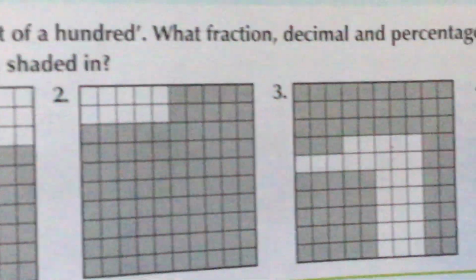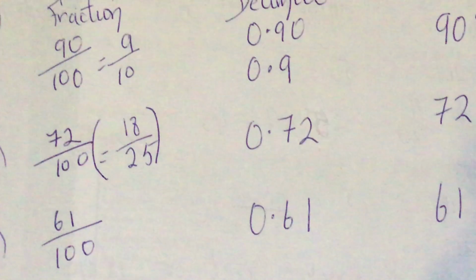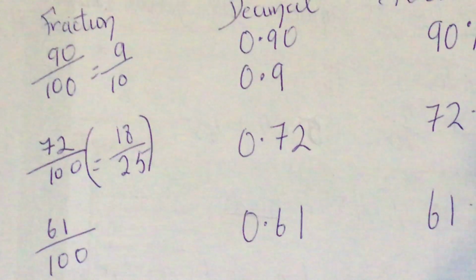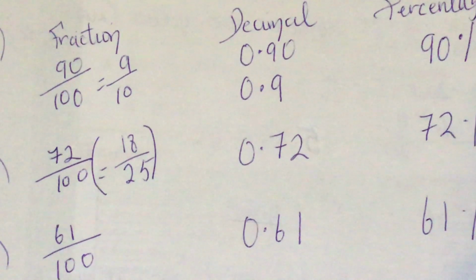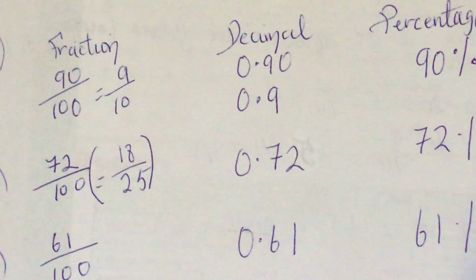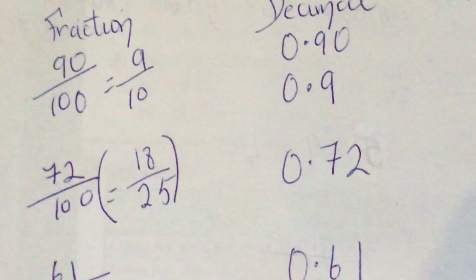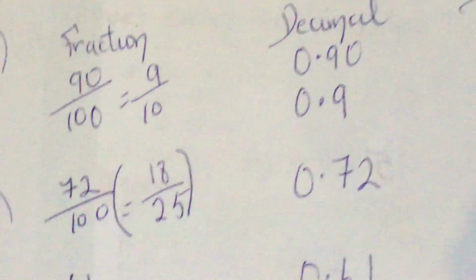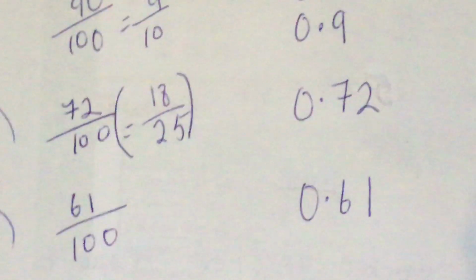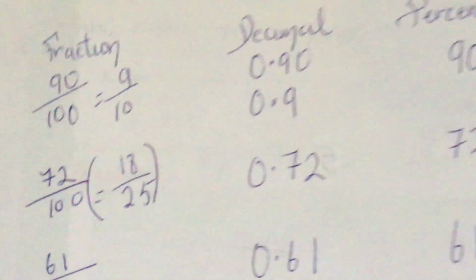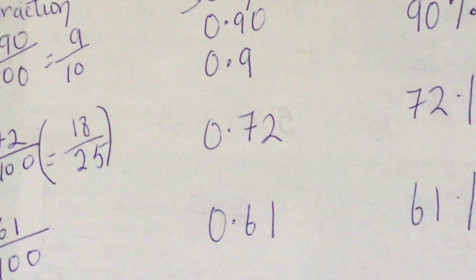Then the next one, we had 72 coloured in, shaded. So that's 72 out of 100 squares, which is actually, when you break it down, 18/25. Now that's just to show you, but you don't really need it, because 72 out of 100 in decimal form is 72 hundredths, which is equal to 0.72.